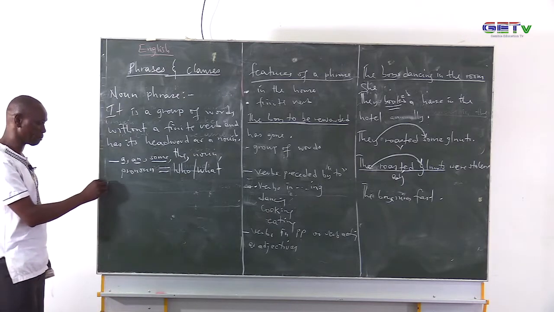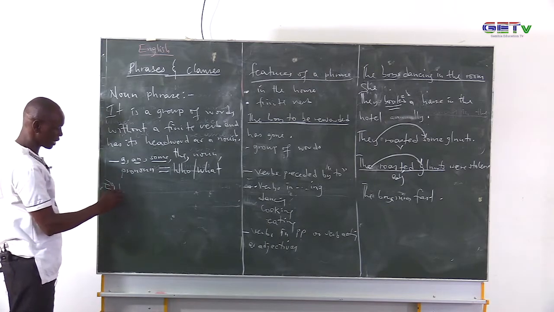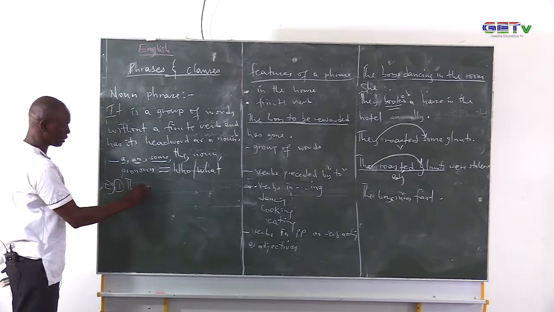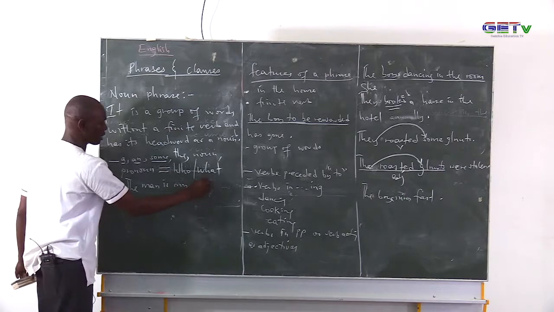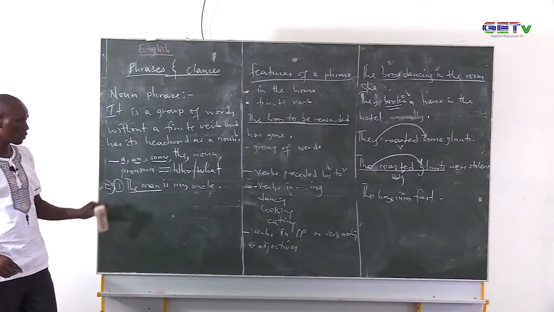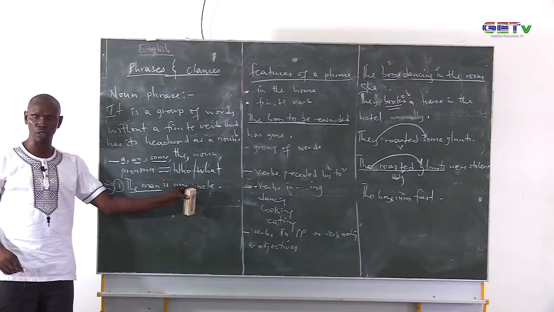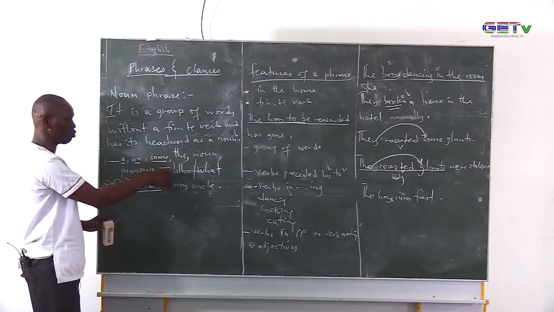Let's look at some examples under noun phrase. Example 1, the man is my uncle. Now, if you look at here, the man is underlined. Now, if you put here, who is my uncle? You get the point? We talked about who or what.